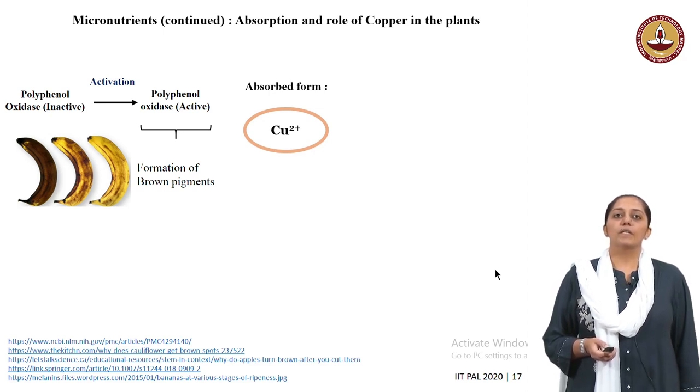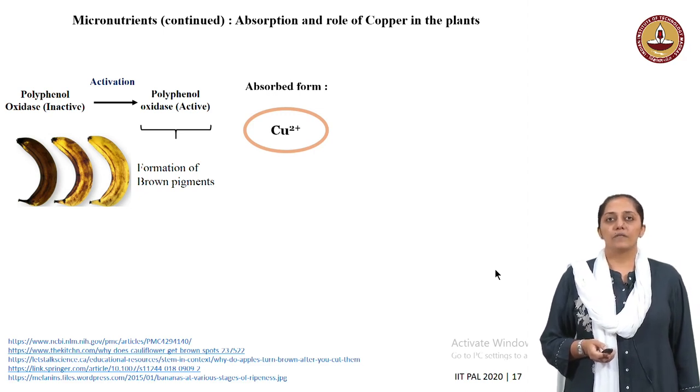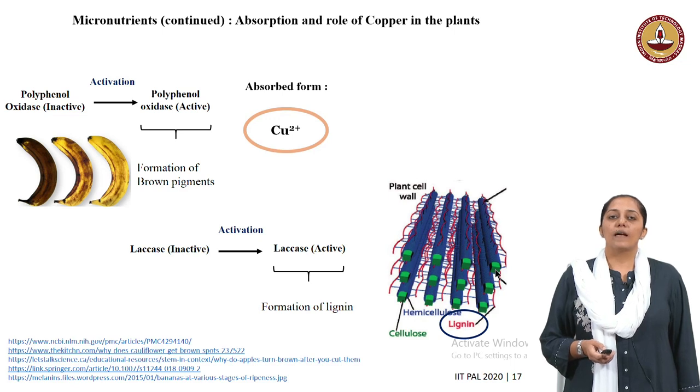So, that brown pigmentation is due to the activation of the biochemical reaction caused by polyphenol oxidase, where copper acts as an activator for this particular enzyme responsible for the formation of brown pigments. It also acts as an activator of laccase enzyme.